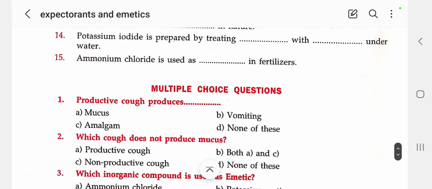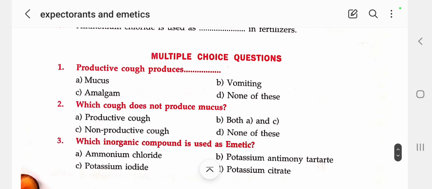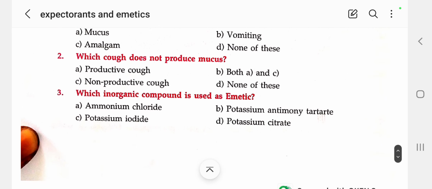Next we'll see about multiple choice questions. Protective cough produces mucus. Which cough doesn't produce mucus? Non-protective. Non is nothing but no mucus. Protective means producing mucus. Okay, so which inorganic compound is used as emetic?